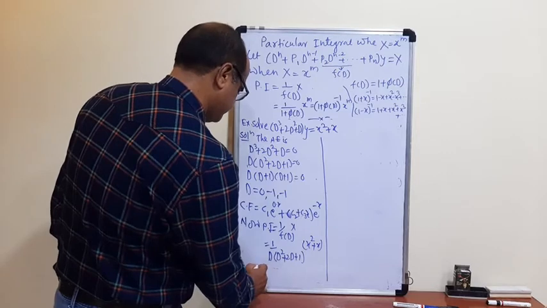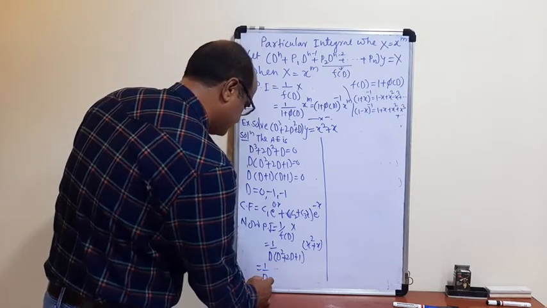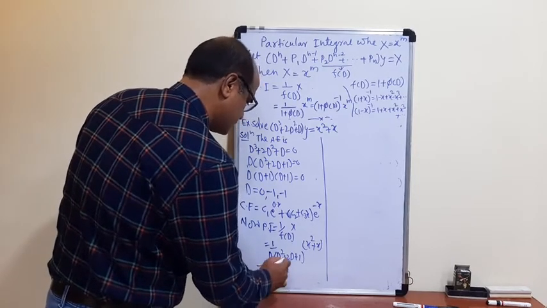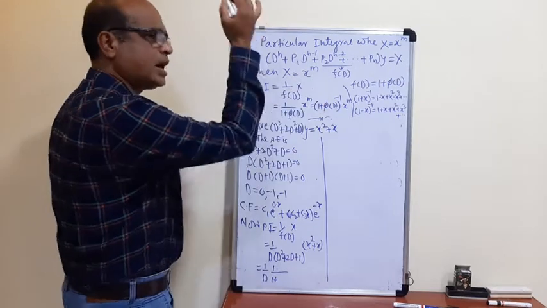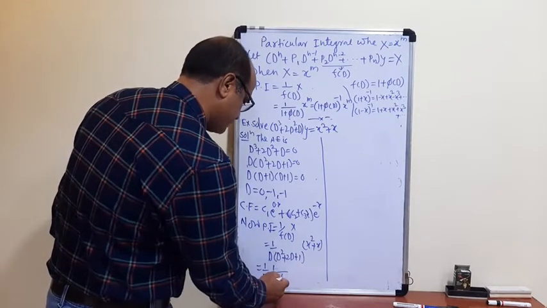So that is 1 upon d into 1 plus phi of d, where phi of d is d square plus 2d, into x square plus x.